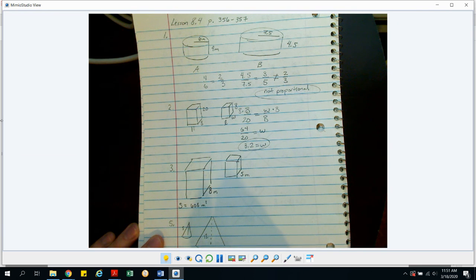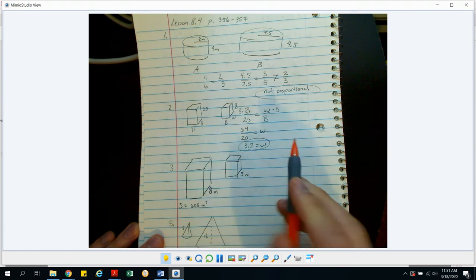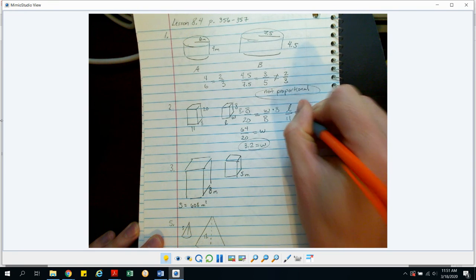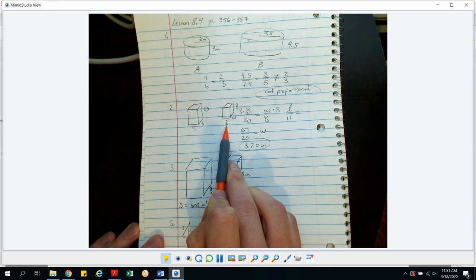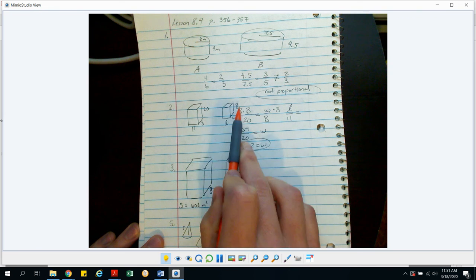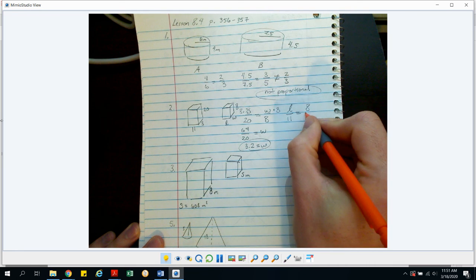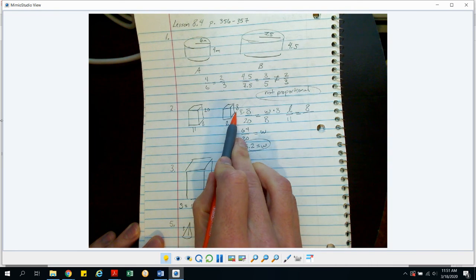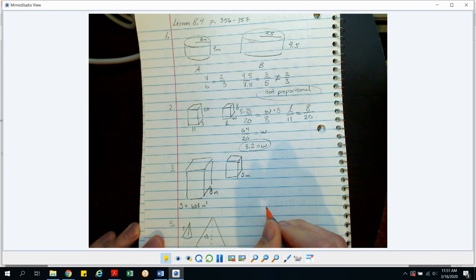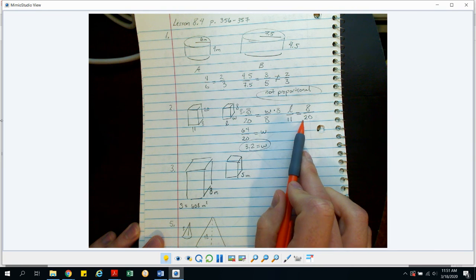I'm going to do the same thing to find the length. So if I want length in the numerator, let's put L over 11. And if I put the dimensions from the smaller prism in the numerator, I'm going to have to put the smaller dimension in the numerator as well over here. So I'm going to have 8 over what corresponds with 8, 20. L over 11 is equal to 8 over 20.